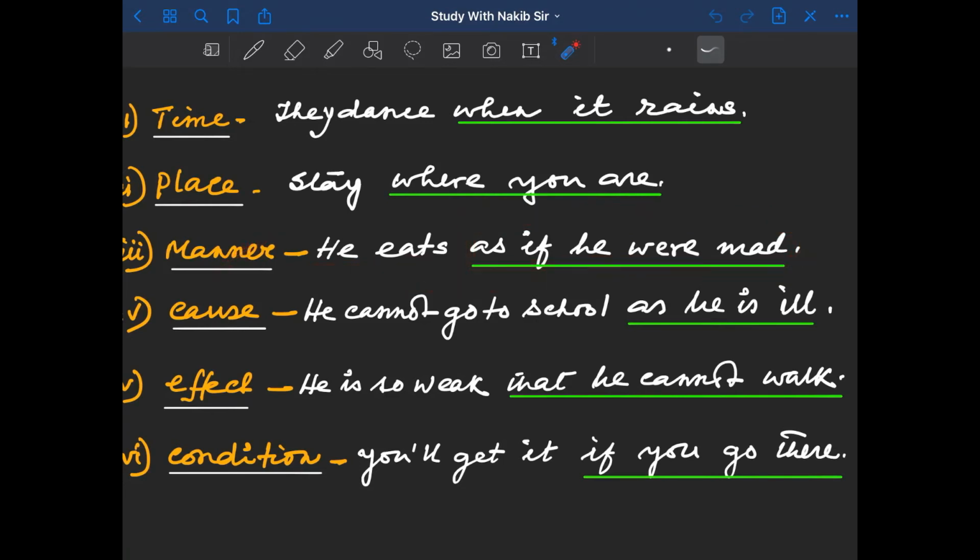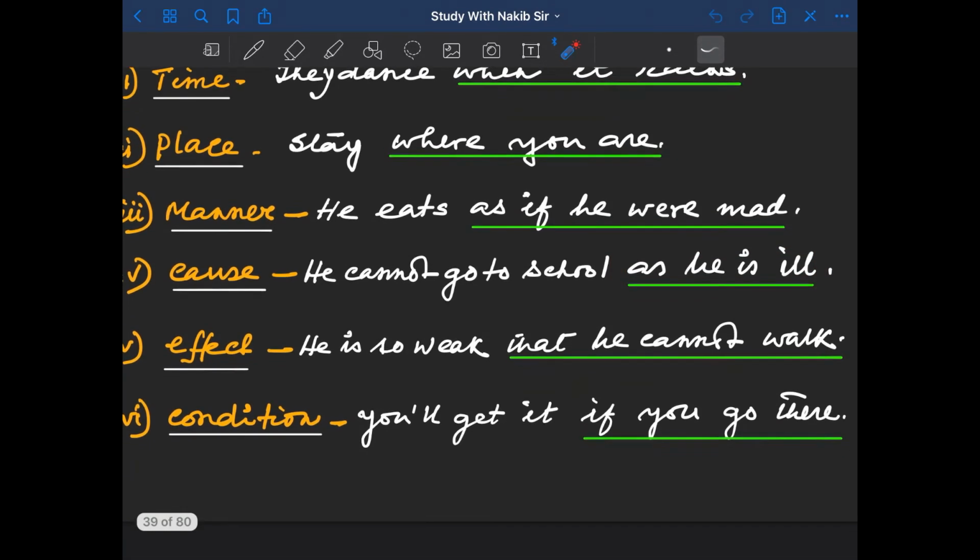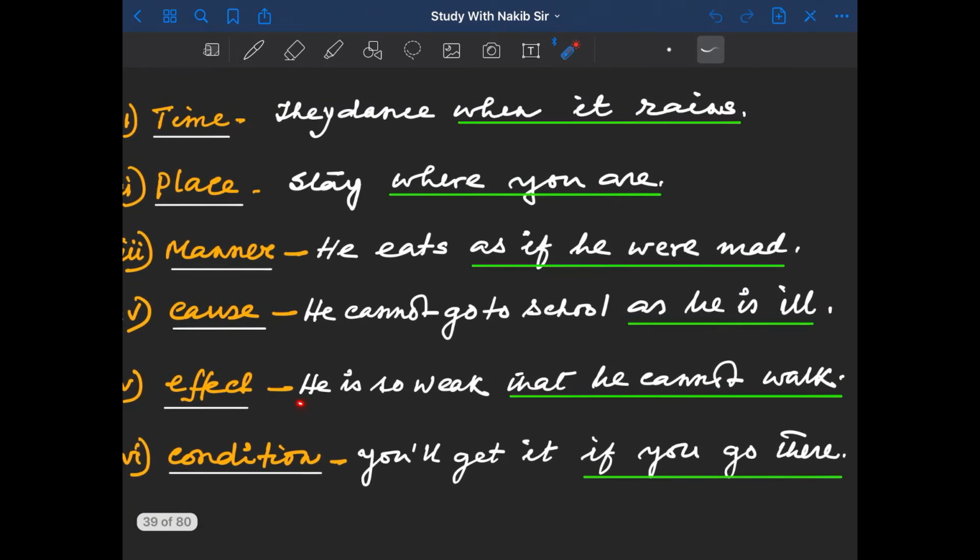Next one, a subordinate adverb clause indicates cause. See the example: he cannot go to school as he is ill. "As he is ill" is a subordinate clause expressing a cause. For this it is called a subordinate adverb clause. Okay. Now effect. See, he is so weak that he cannot walk. The effect is that he cannot walk.